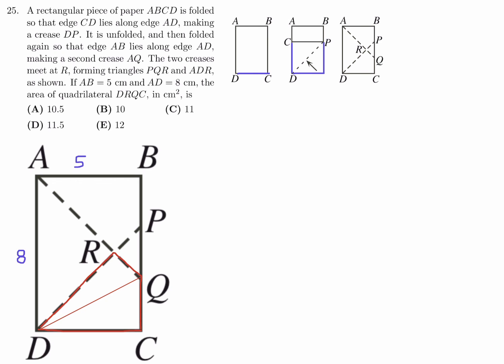Correct? So basically what that means is that since AB is 5, CD is 5, right? Because this is a rectangle. And when you folded it up and CD kind of came up here, this was CD. If you look at it from that perspective, that CD is also going to be 5.